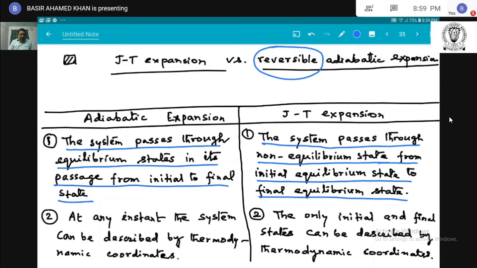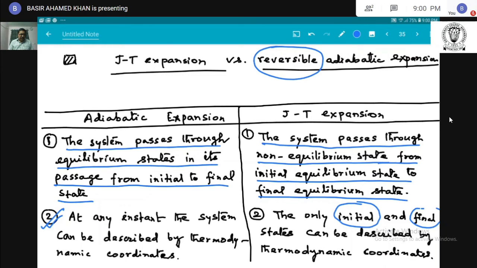Next point is that at any instant the system can be described by thermodynamic coordinates, since the system is in equilibrium. But in the JT expansion, only the initial and final states can be described by thermodynamic coordinates.